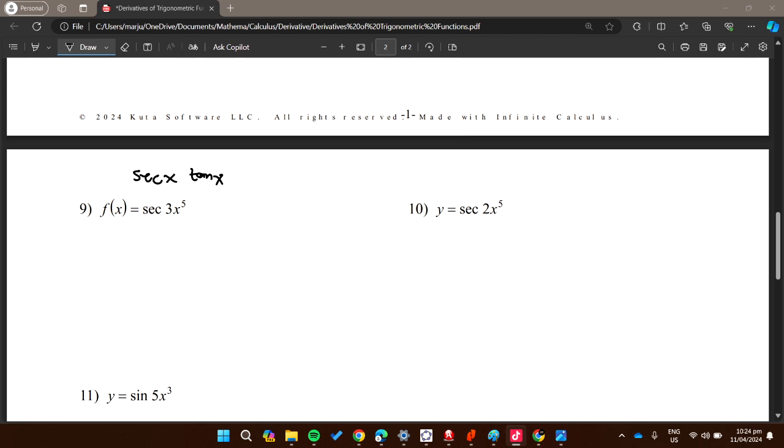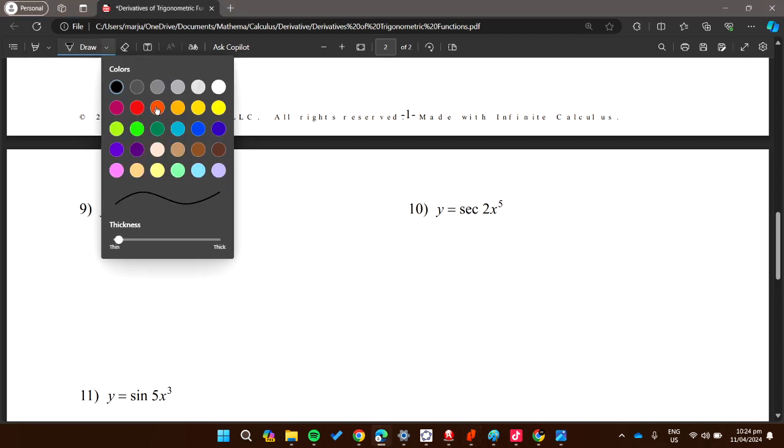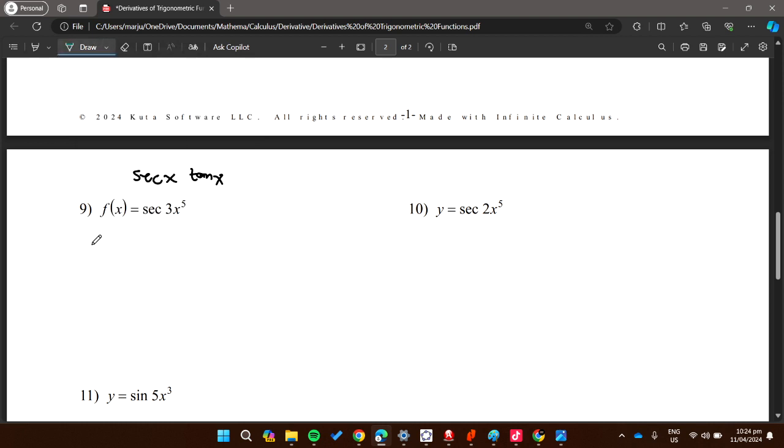Alright. So, again, number 9, sagot lang natin dito is what? This is f prime of x. So, this is 15x to the fourth power. 15x to the fourth.